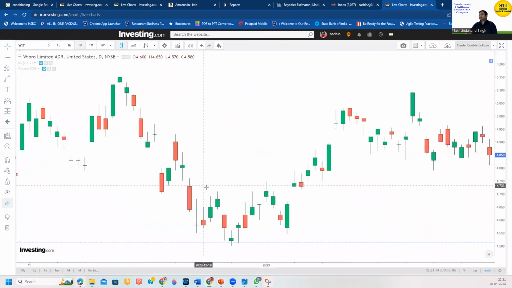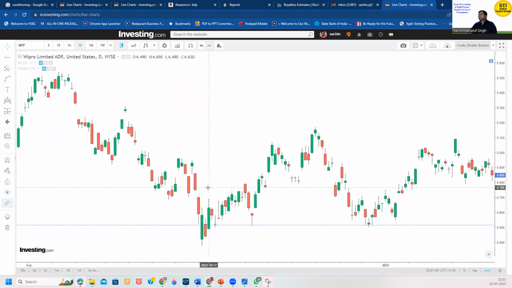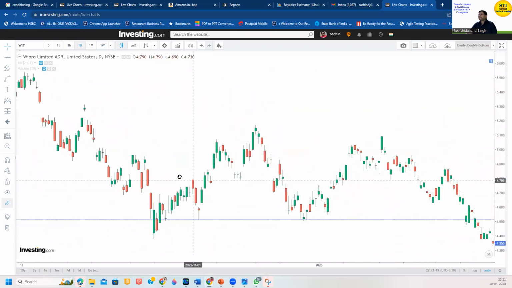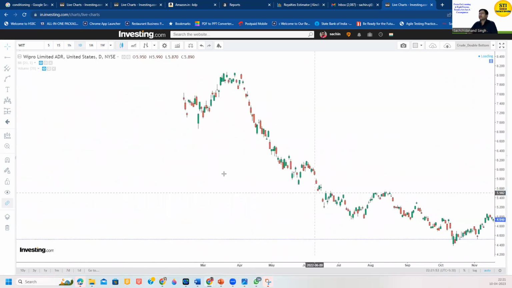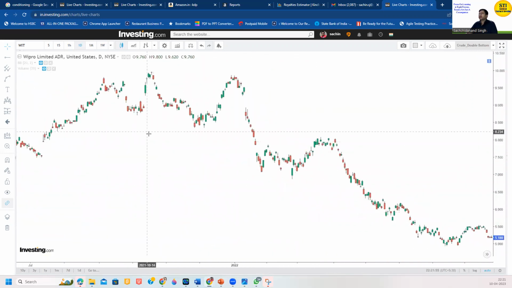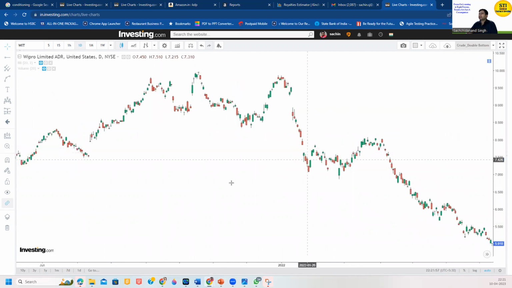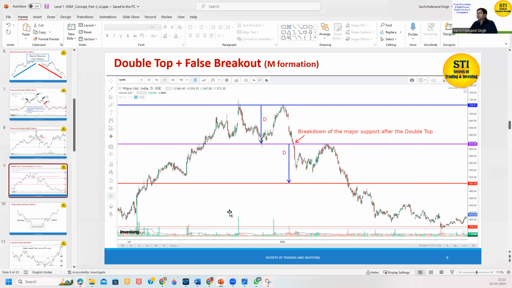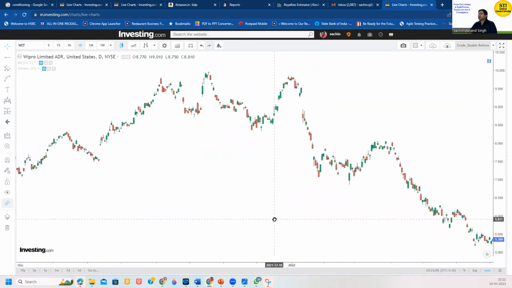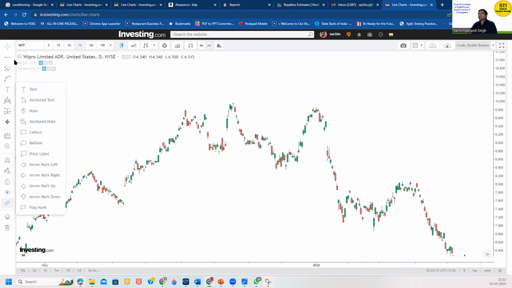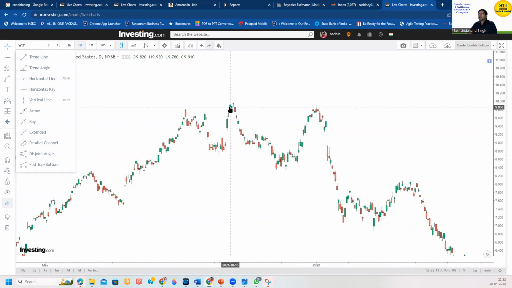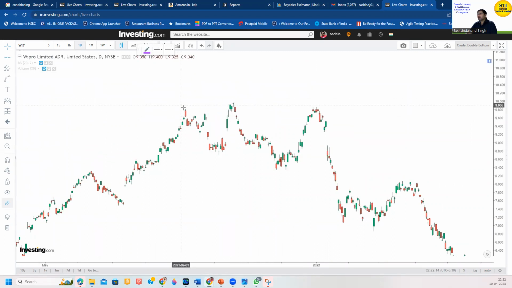Okay, for better clarity. Why am I not able to get the exact same chart? So starting on 2020. Yes, correct. So this is the chart where we have the all-time high at this price point.